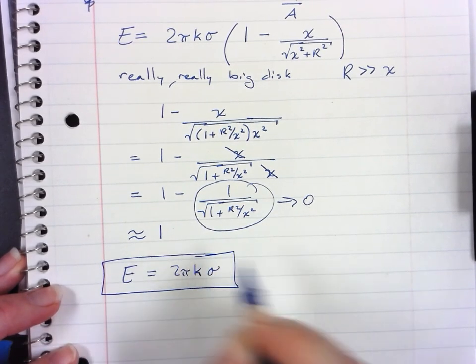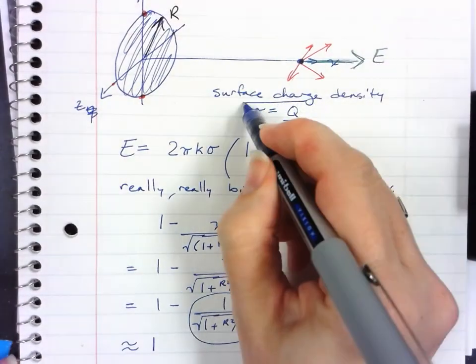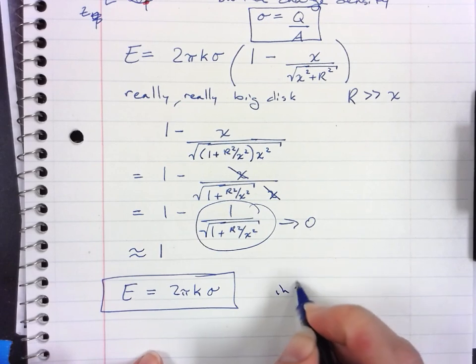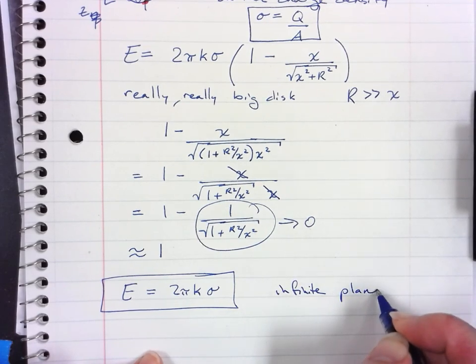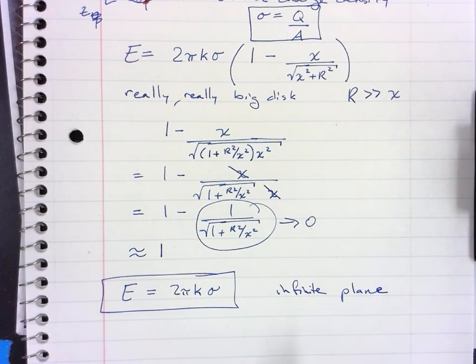Box. Oh, I should have boxed surface charge density. Sorry about that. So this is for an infinite plane. If you are so close to a large sheet of charge, or if it really is an infinite sheet of charge, a huge sheet of charge, if you can't see the edges, then the electric field is given by this expression.